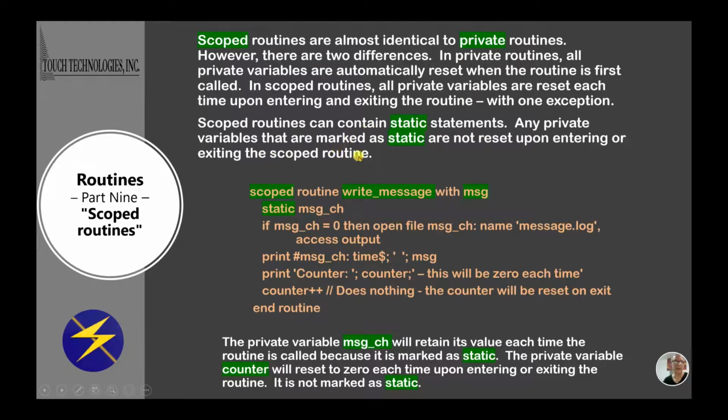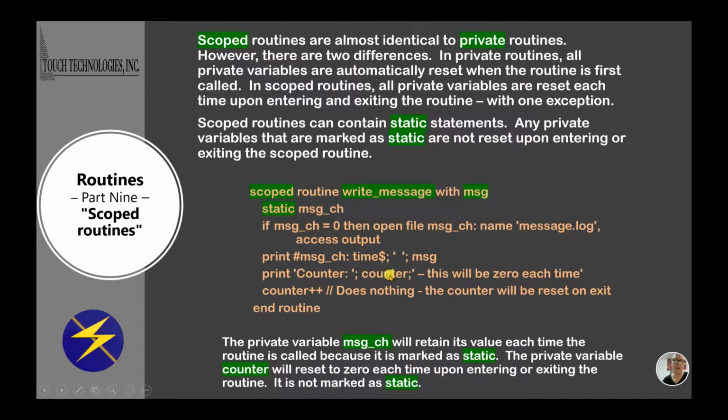Here you can see a scoped routine, write message with message. We say static MSGCH. This means we want this private variable to retain its value between calls. And then we reference a variable here called counter. Counter will be reset to 0 each time through because this is a scoped routine.